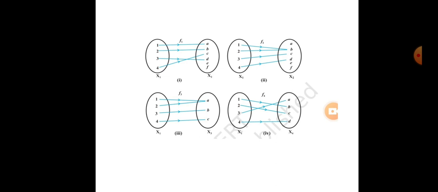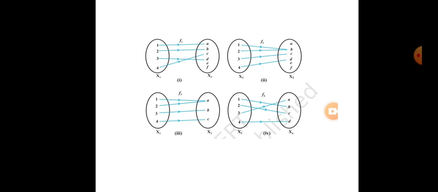But we can see that there are some elements of the codomain which do not have a pre-image. What are those elements? They are E and F. So E and F do not have any pre-image. So not all the elements of the codomain have a pre-image. So it is not onto. It is 1-1, but it is not onto, right?